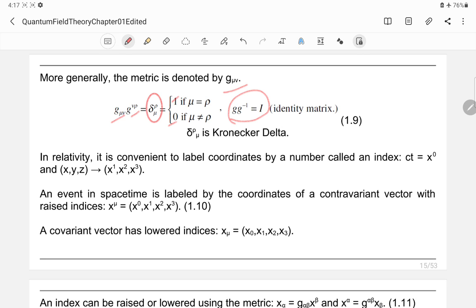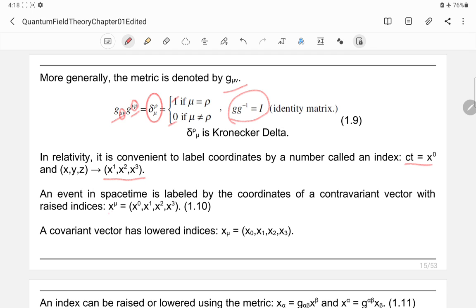It is convenient to label coordinates by a number called an index. So these are here indices also, what you call an index, a lower index and an upper index. So ct can be labeled by x0, and your x, y, z would be x1, x2, and x3 respectively. And so an event in space-time is labeled by the coordinates of a contravariant vector.